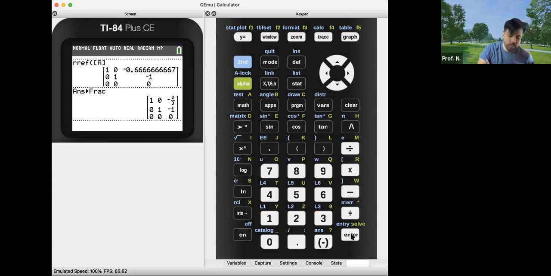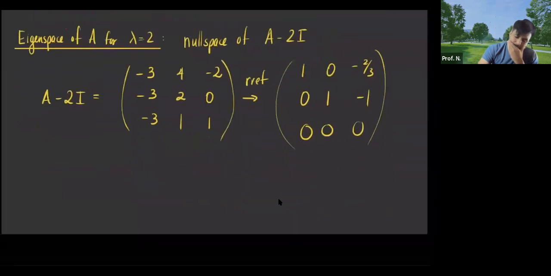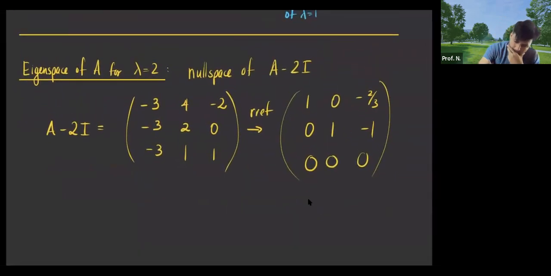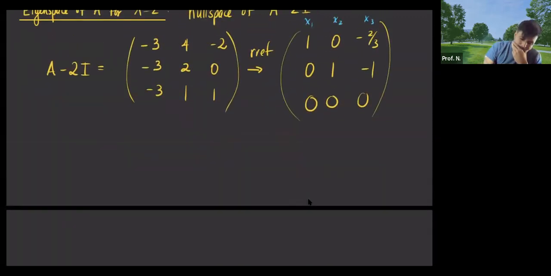of A minus 2I is 1, 0, negative 2/3, 0, 1, negative 1, and 0, 0, 0. So this is going to be x1, x2, x3. So then what do we get?